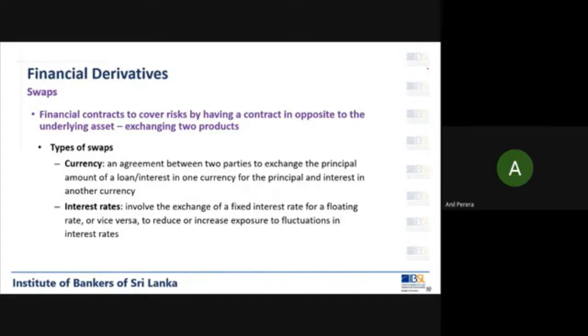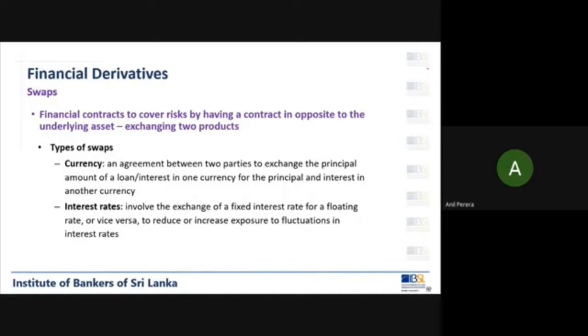Now here, what you have is you are trying to cover the risk of a contract or a financial transaction by having an opposite contract to the asset. In other words, you are basically exchanging two financial products here. Swaps are the exchanges of two products.